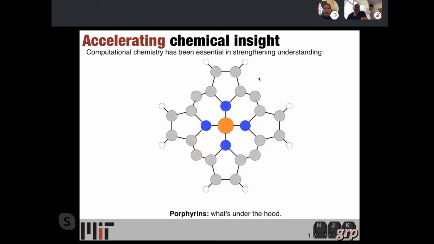It's the porphyrin. It's under the hood, and it also has a metal spin. If you give either of these experimental structures to a computational chemist, they'll do a really good job, as many of you know, of understanding how these systems work. Why do we bind oxygen? How do we release that oxygen in tissue and absorb it in the lungs and so on?